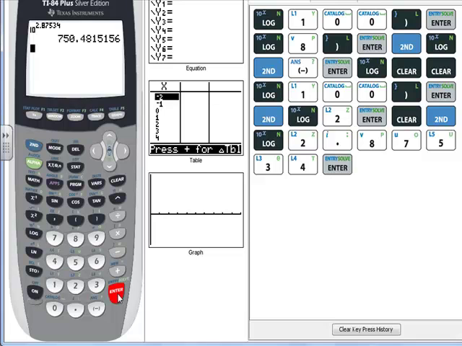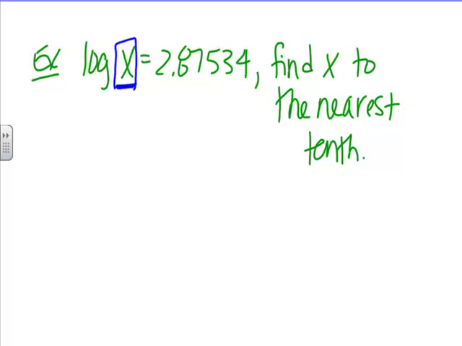And out comes 750.48, blah blah blah. So in the end, since it's asking you to round, it would turn out to be 750.5.